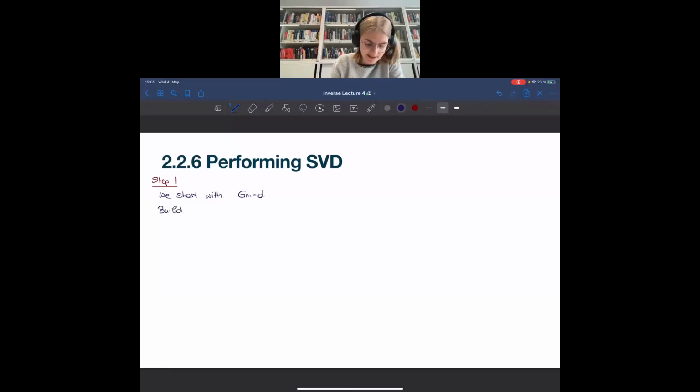We build either G transposed G, which is M by M, or G G transposed, which is N by N. And the decision is whichever matrix is smaller. There's a note we can add. So usually N is greater than M because typically we have more observations than unknowns.